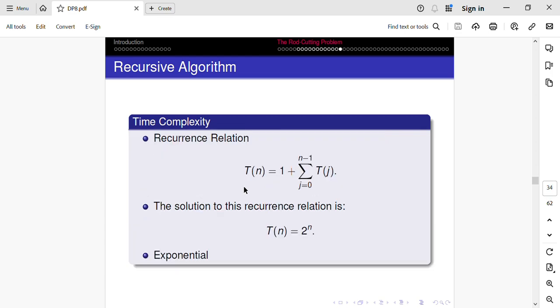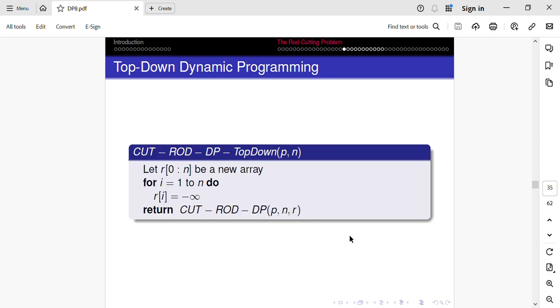For Tn, the 1 is for the initial call itself, and then we call subtrees with size 0 to n minus 1. So we take the summation of Tj from 0 to n minus 1, that is the recurrence relation. The solution to this recurrence relation is Tn equals 2 to the power n, and it is exponential.